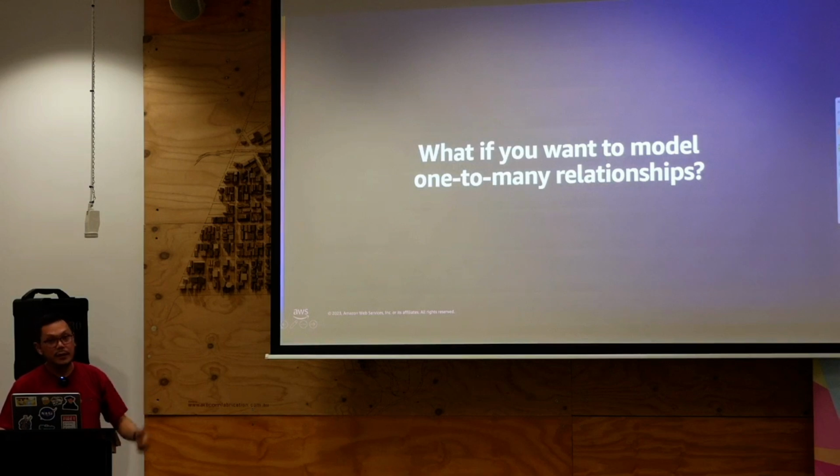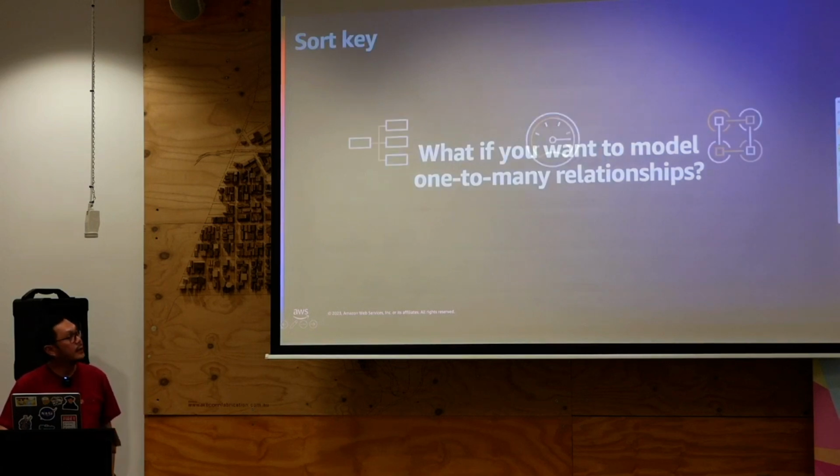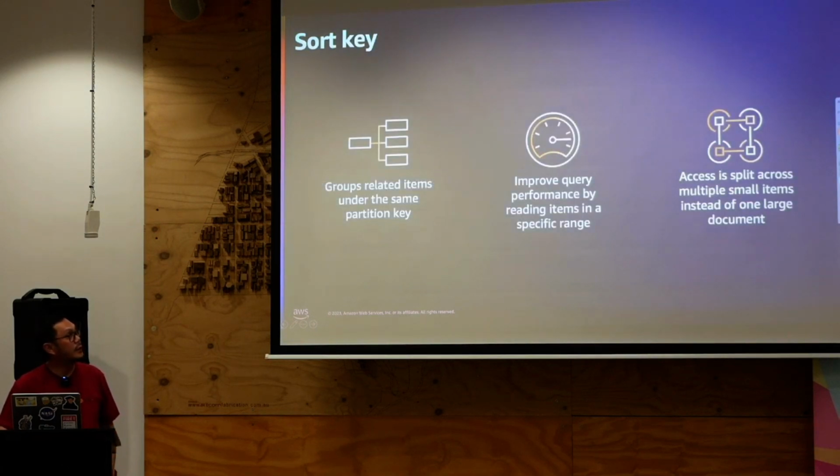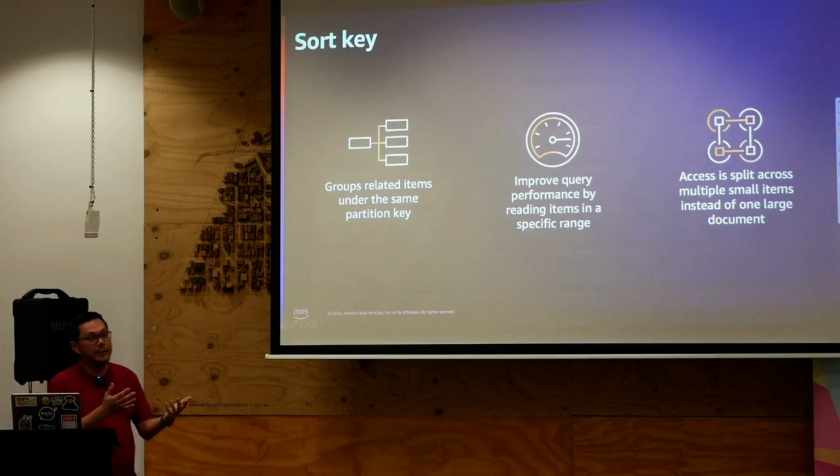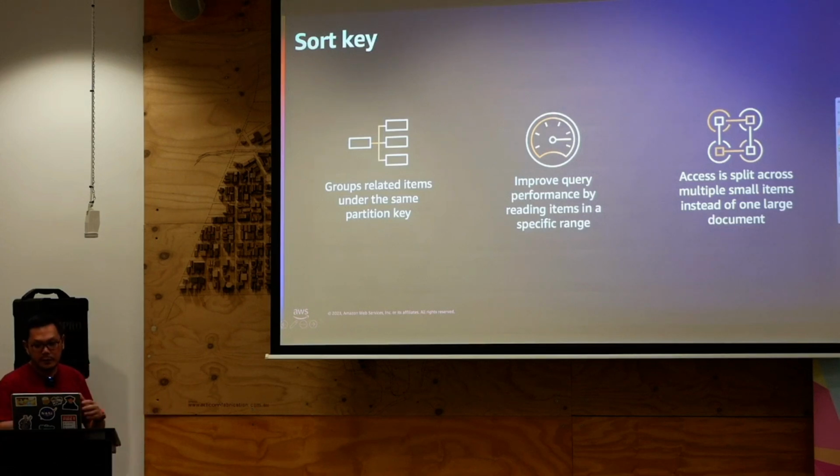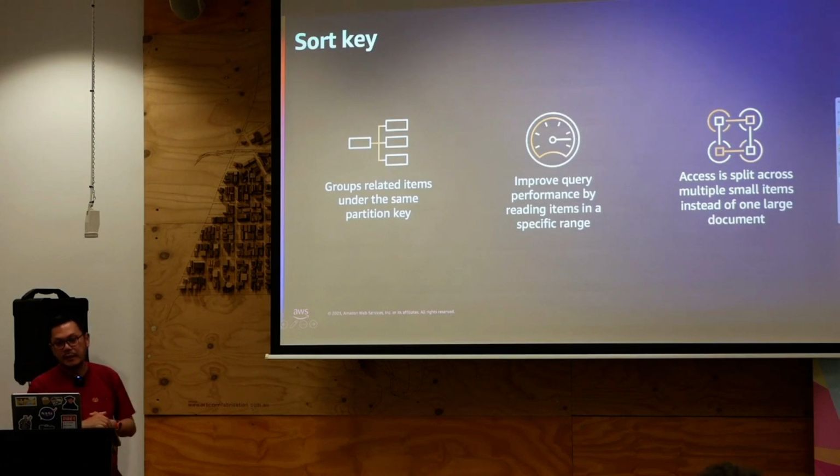What if you want to model a one-to-many relationship? This is where the sort key comes in. It will group related items and sort them under the same partition key. And later on, we're going to build sort keys that can return multiple items at the same time, which can improve query performance.